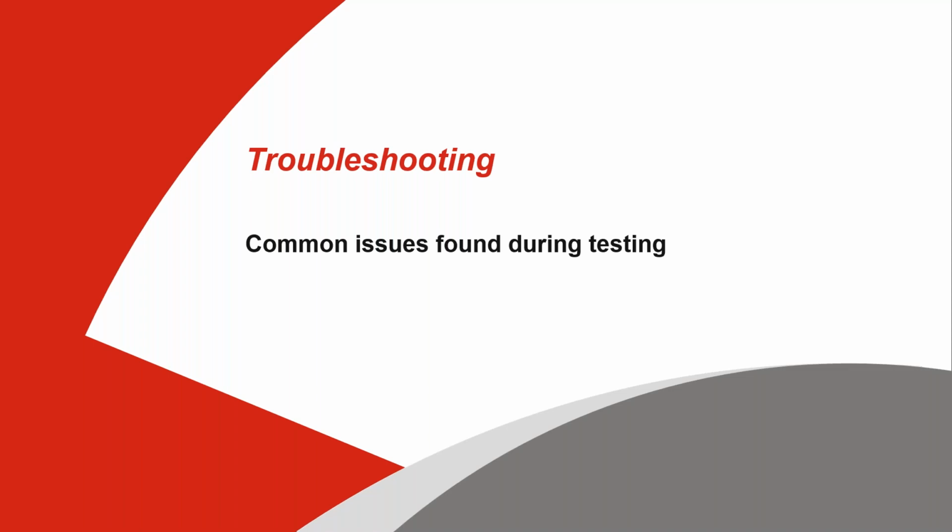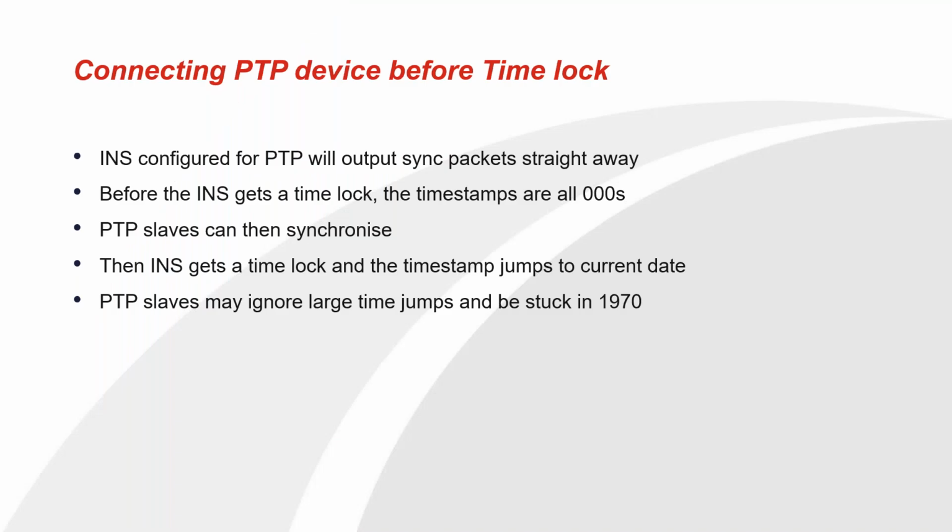Now just a couple of notes on troubleshooting. There were a couple of common issues that came up during the testing of this feature. Firstly, if you connect your PTP slave to the INS before the INS has achieved a time lock, the INS will output timestamps of 0 seconds because it hasn't yet received the time from the satellite signals.